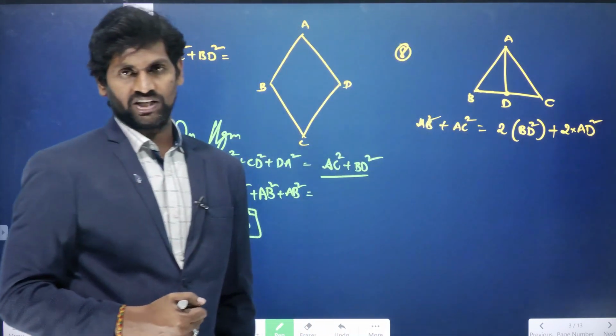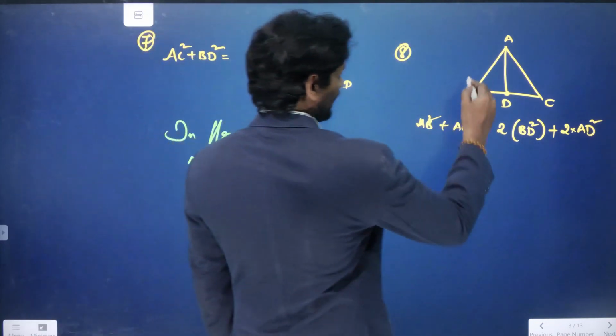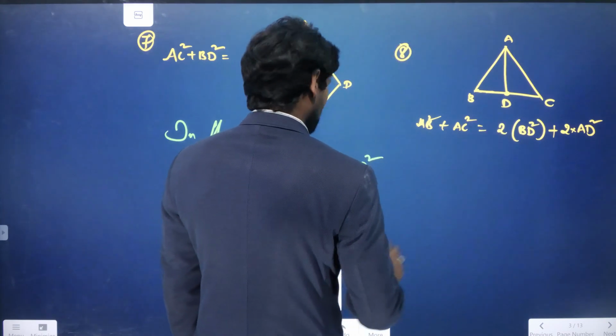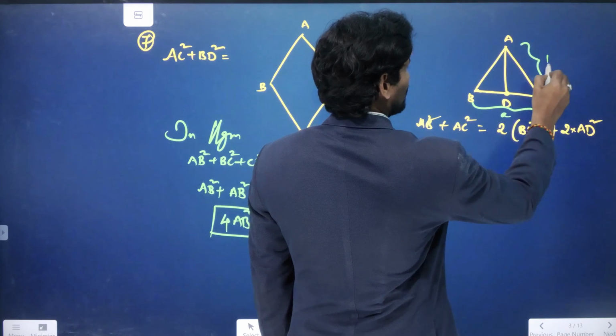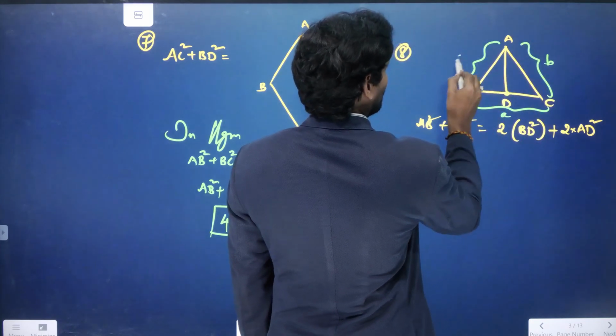This is Apollonius theorem actually. And we know that the length of BC is small a, length of AC is small b, and length of AB is small c.